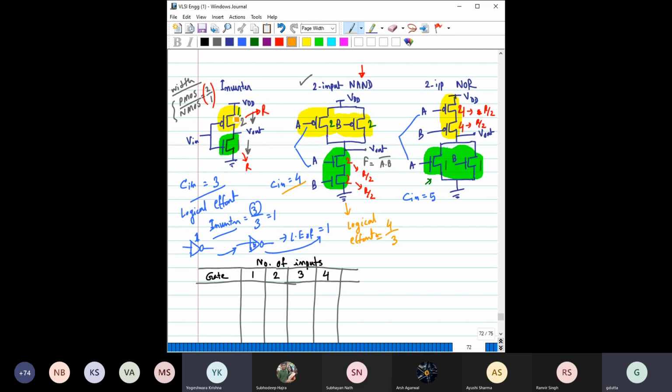Then you have to scale this unit inverter accordingly to match the current, and if you do that you will always get the logical effort for this 2 input NAND gate equal to 4 by 3. Does not matter what the size is. Okay, so for this case, what is the logical effort? It is 5 by 3, right?